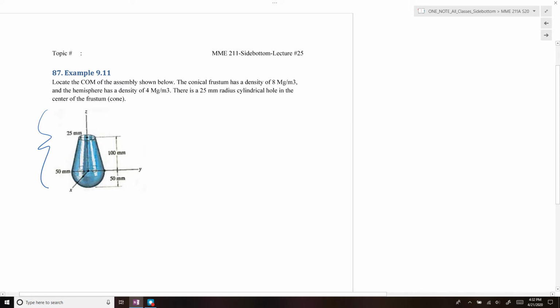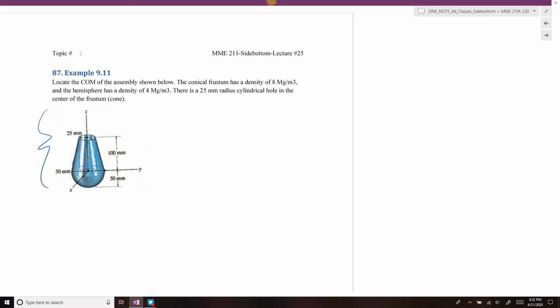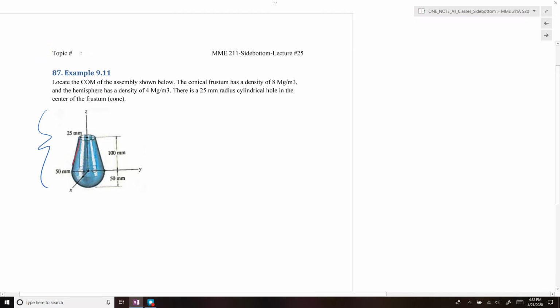We're given that the cone in this situation has a density of 8 megagrams per meter cubed, while the hemisphere has a density of 4 megagrams per meter cubed.